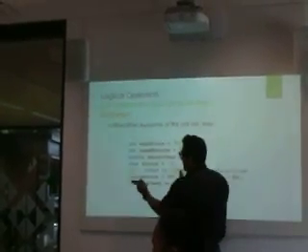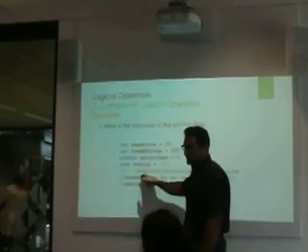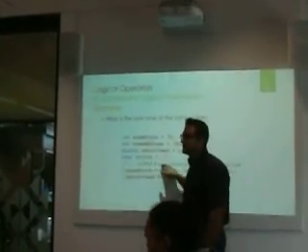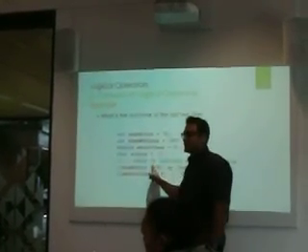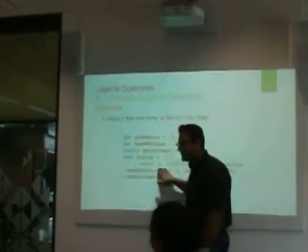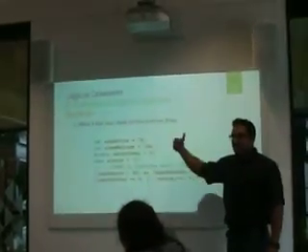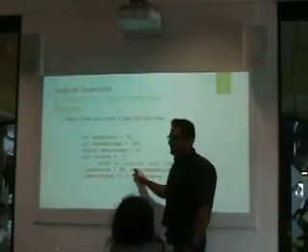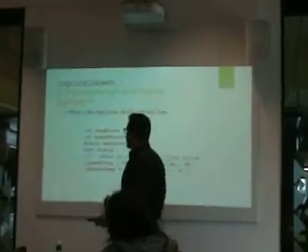We have a Boolean expression. We call it a Boolean expression or Boolean statement or a condition. Why? Because it returns true or false. The result of this Boolean expression is either true or false. So we can use it with and or. And the same goes here. So let's see.